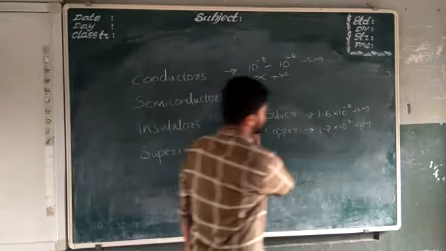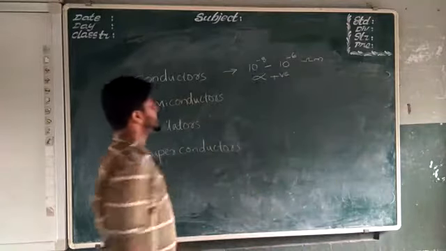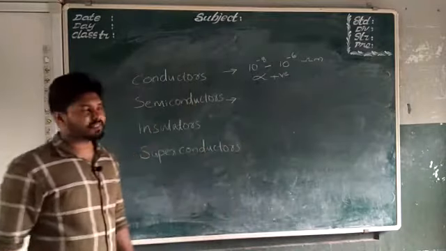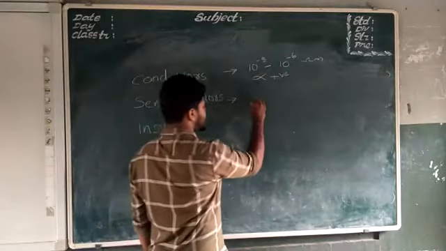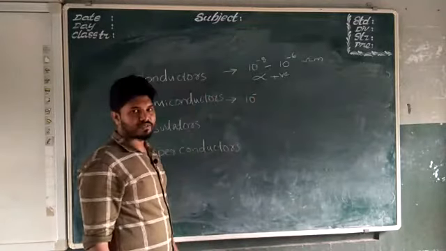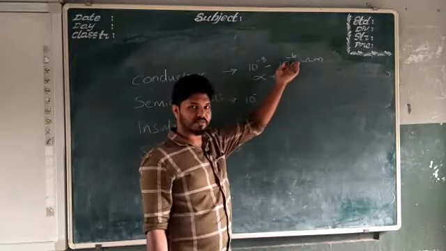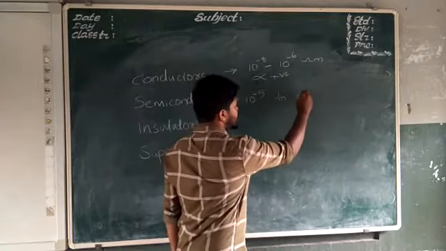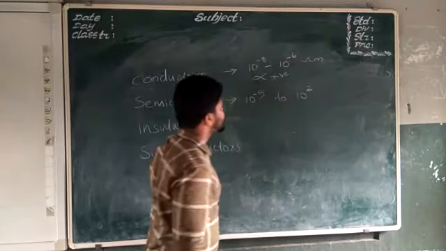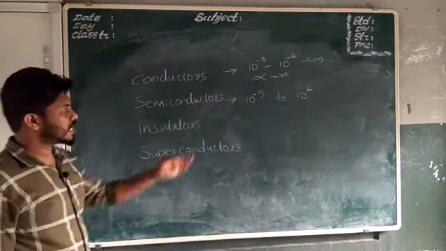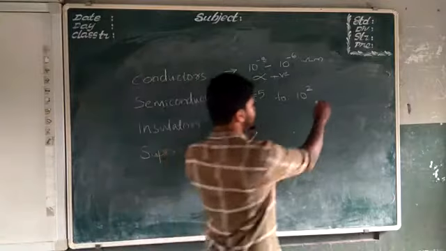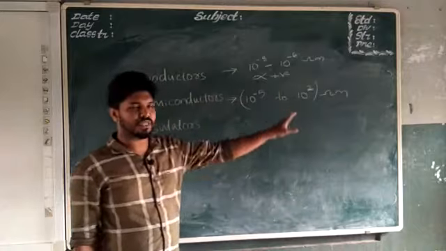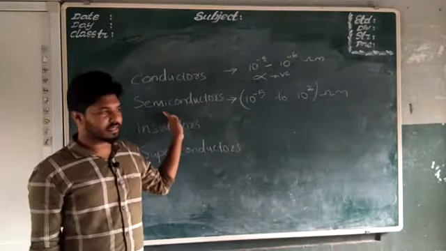Now moving to the second one, semiconductors. These are the materials whose resistivity value, up to 10 raised to minus 6 we already discussed, so from 10 raised to minus 5 to 10 raised to 2 ohm meter, are called semiconductors.